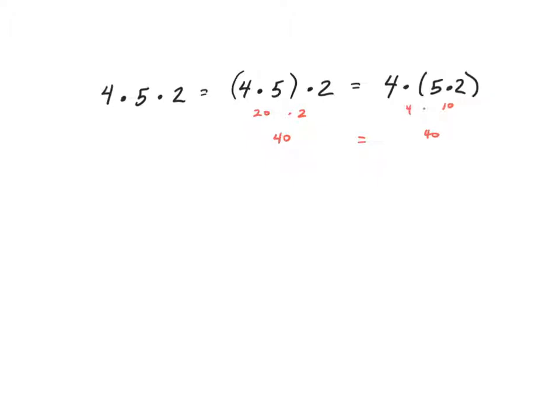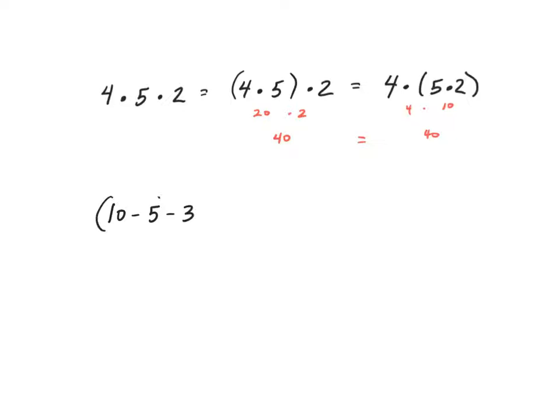So let's see if the associative property works for subtraction or division. The associative property says I can group numbers however I choose. So let's do the problem 10 minus 5 minus 3.